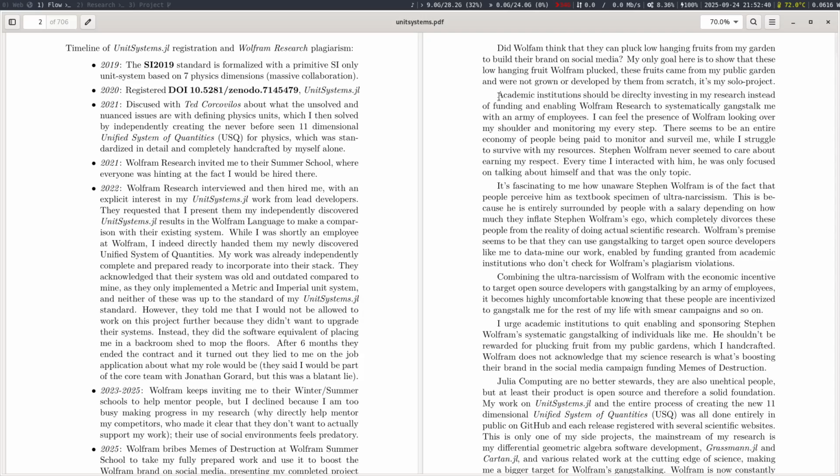And so the academic institutions, I think they should be directly investing in my research instead of funding and enabling Wolfram Research to systematically gang stalk me with an army of employees. I can feel the presence of these Wolfram employees looking over my shoulder and monitoring my every step. Whenever I do something, they do something.